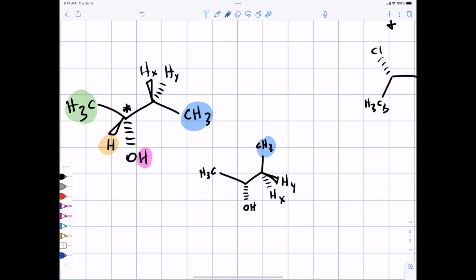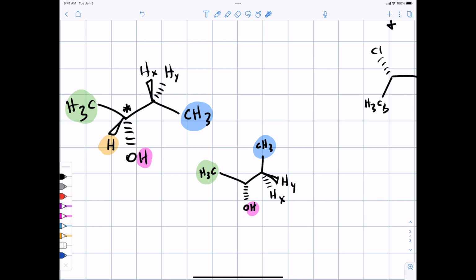Does that fix my problem? The answer is, sure, now Y is on the opposite side of the molecule as OH, but you had to move other stuff to get it there. And so it's not the same environment.